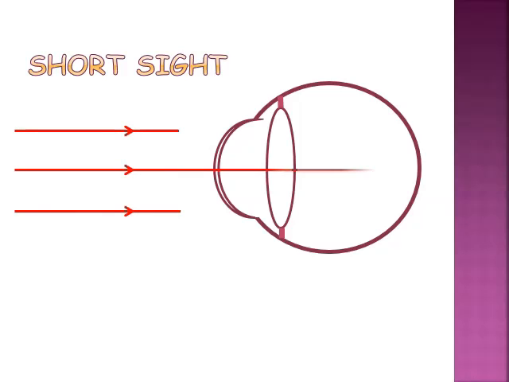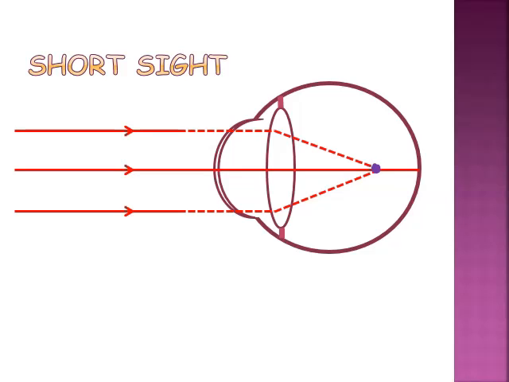So parallel rays of light come in from a distant object, because the eyeball may be a bit longer than it needs to be, you actually end up getting them focused in front of the retina.